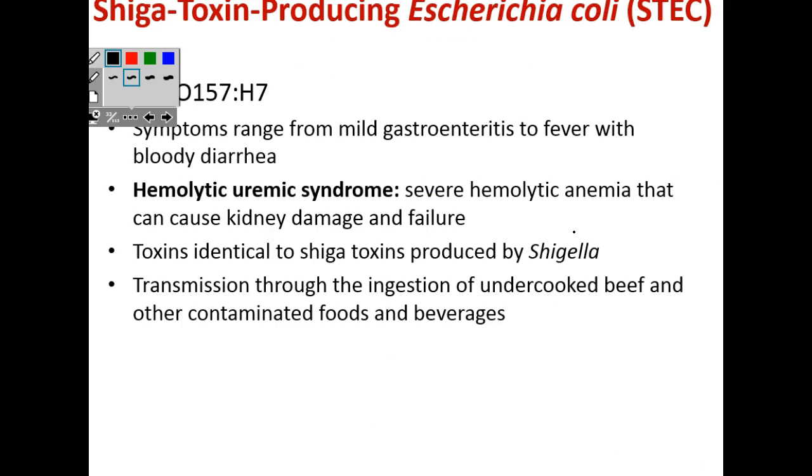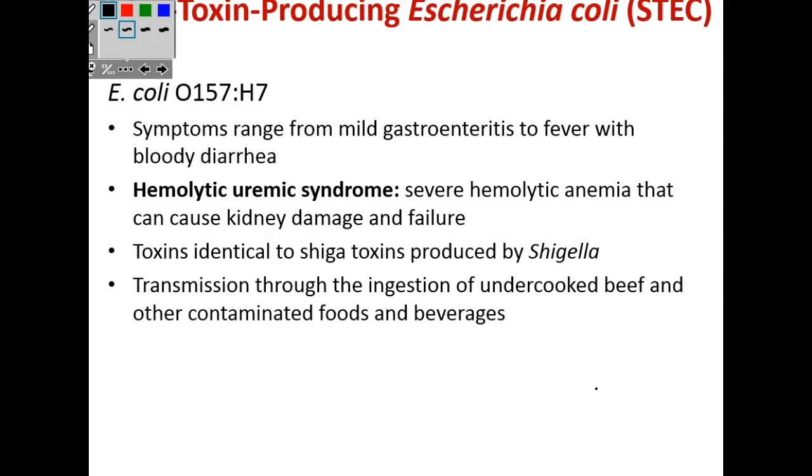Shiga toxin producing E. coli, O157:H7. Symptoms range from mild gastroenteritis to fever with bloody diarrhea.